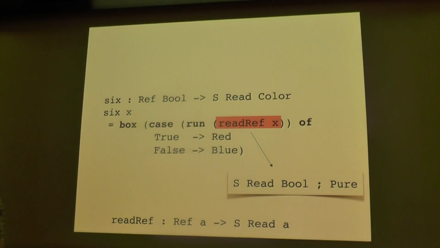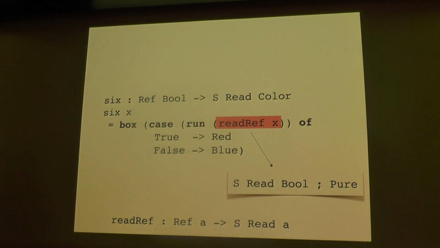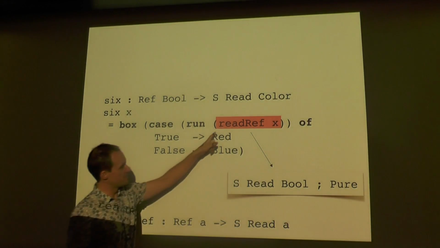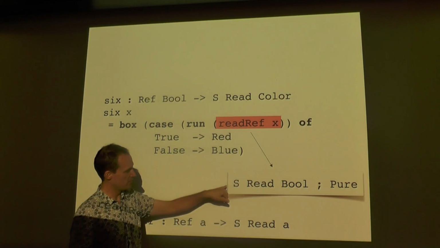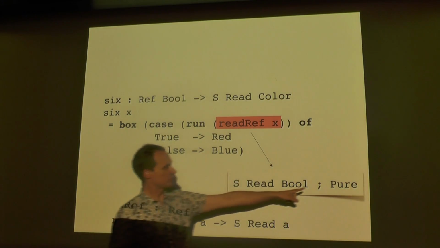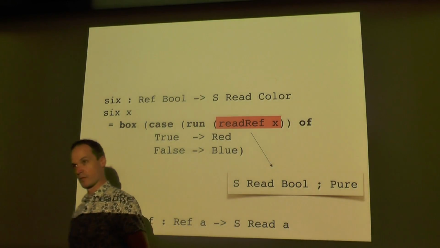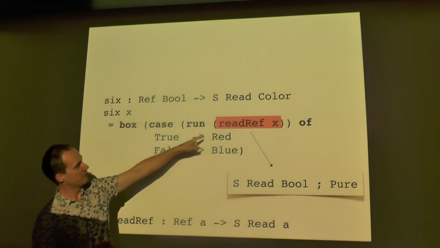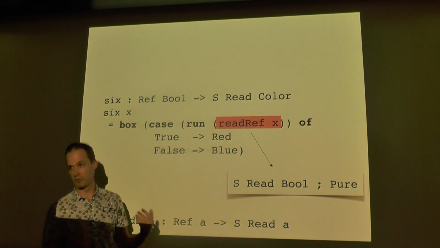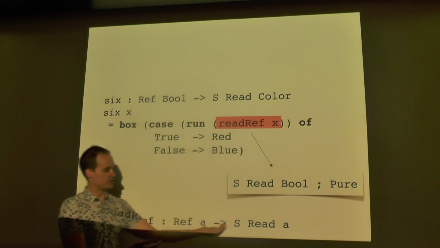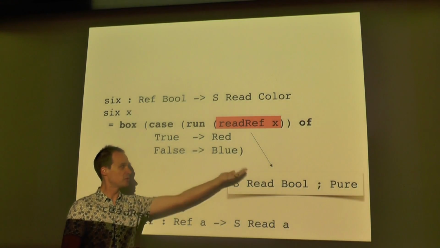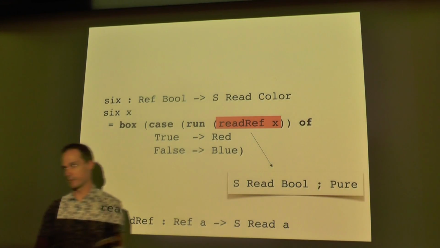So that's the type. I'm also going to start tracking effect information directly in the system. I'm going to say that this expression has type S read Bool, but it's also a pure expression. Just applying readRef to its first argument doesn't perform any effect. It just returns the suspended computation. So that's a pure expression, but it has that type.